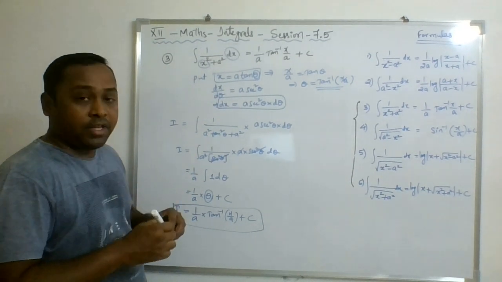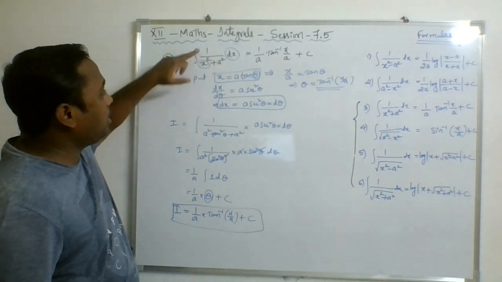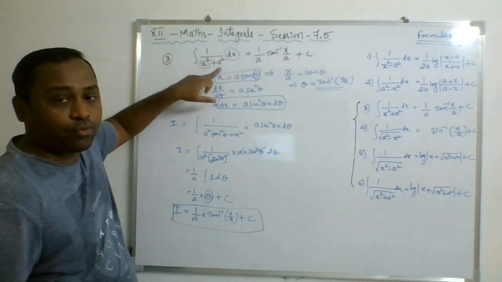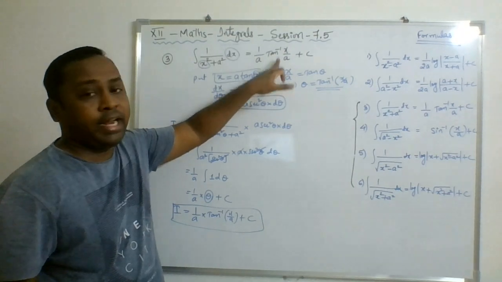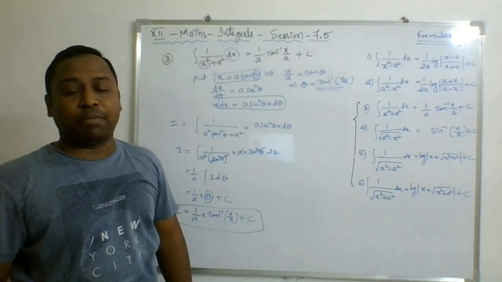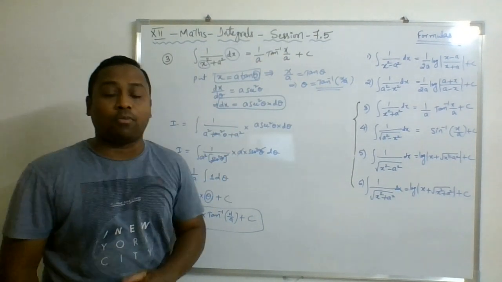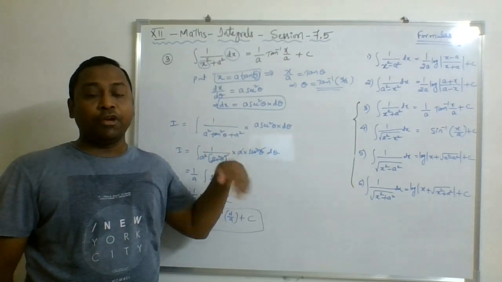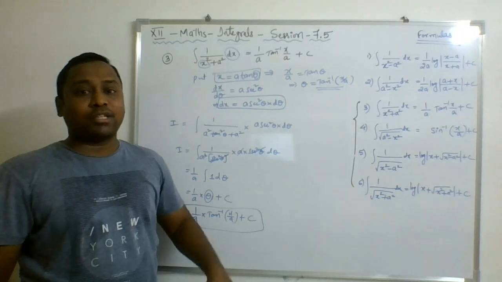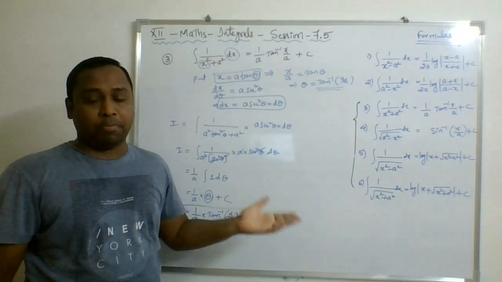So if the integral is in the form of 1 upon x square plus a square, this can be directly written as 1 by a into tan inverse of x by a plus c by using this formula. So formulas always help us to reduce the length of the question. That's why we need to remember and apply them.